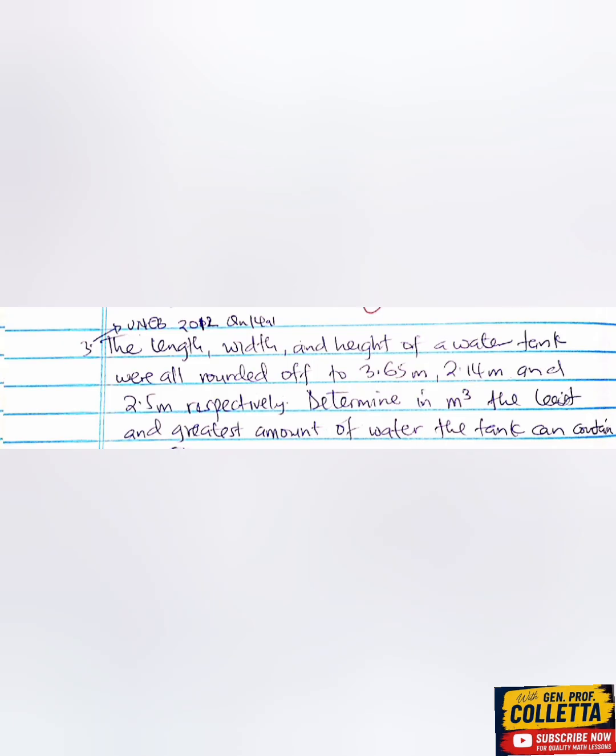Determine in meters cubed the least and greatest amount of water the tank can contain, meaning they want the maximum volume and the minimum volume. Very simple. Yes, please don't cheat yourself. First try out, then the solutions are being brought soon.